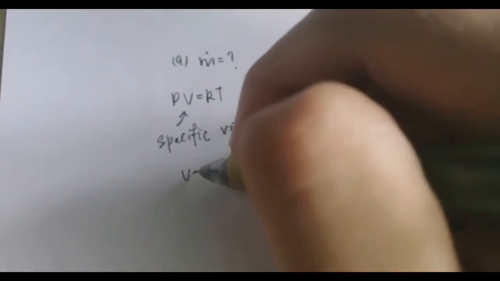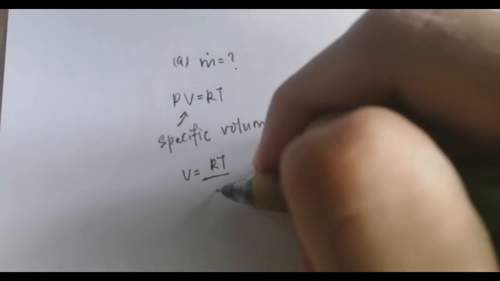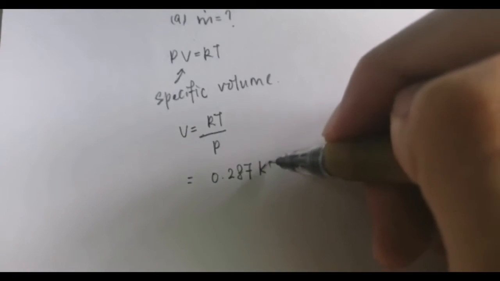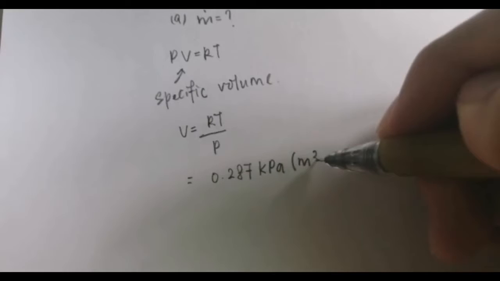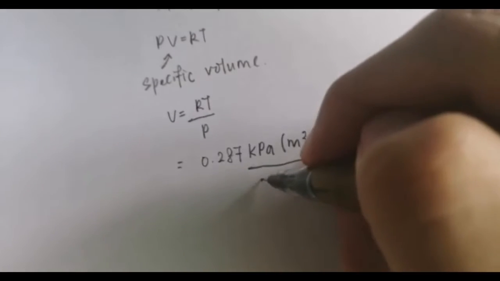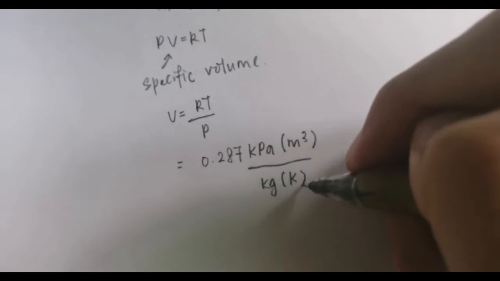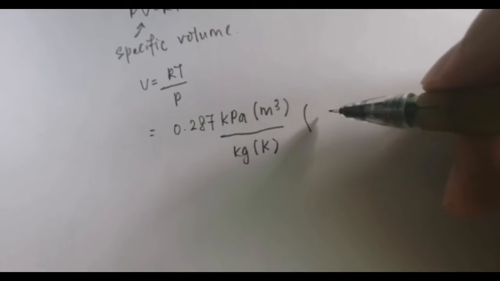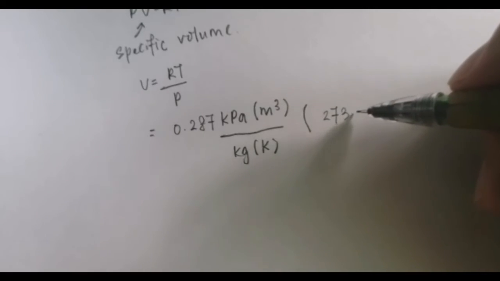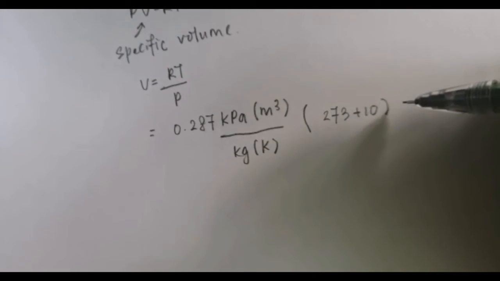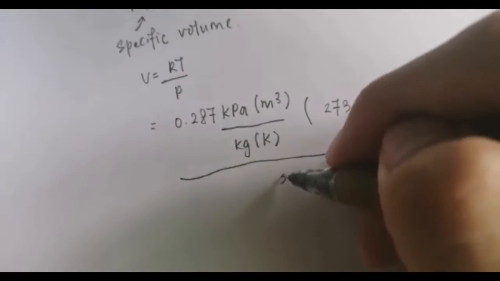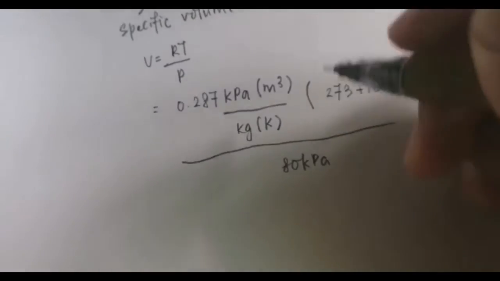Then we have the formula RT divided by P. R is 0.287 kilopascal meter cubed per kilogram Kelvin. The temperature here, we are using Kelvin as the unit, therefore we need to add 273 to 10 degrees Celsius, and divide by 80 kilopascal.